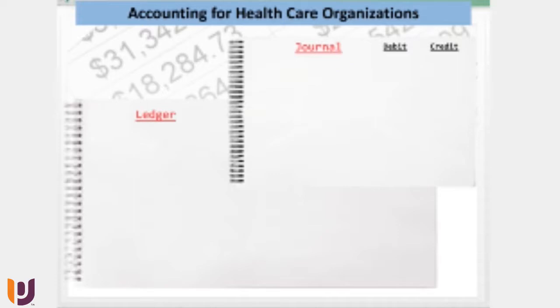A net patient service revenue figure is actually reported by these organizations, but only after reduction for contractual adjustments. These adjustments are decreases allowed for some third-party payers based on the approved costs for a particular service in that geographic region.